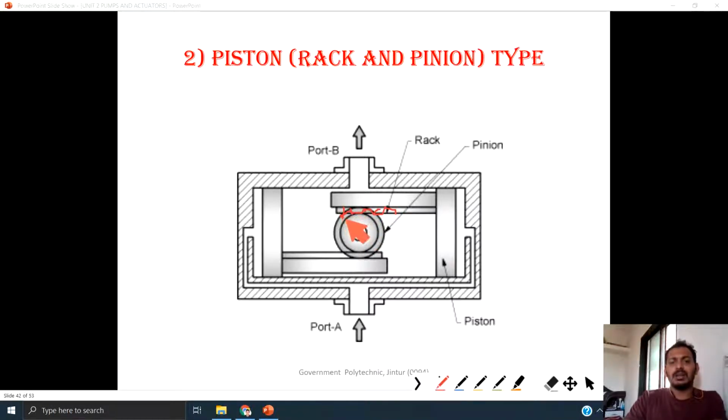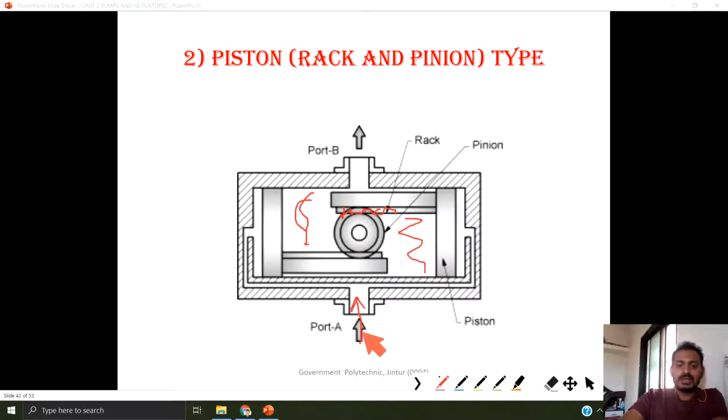Now the gear teeth are engaging with the rack, and there are two ports, one is port A, another one is port B. Port B is connected to the internal part where the rack and pinion are placed, and port A is connected to the opposite side of the pistons.